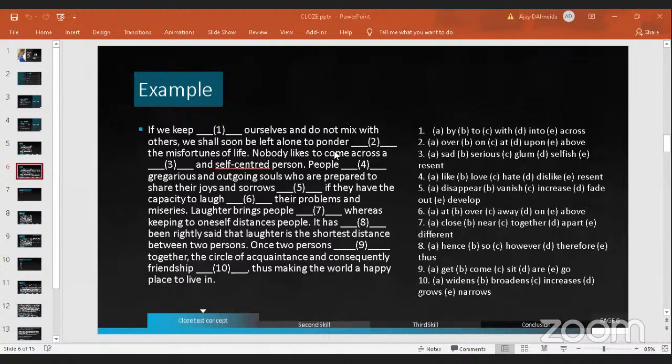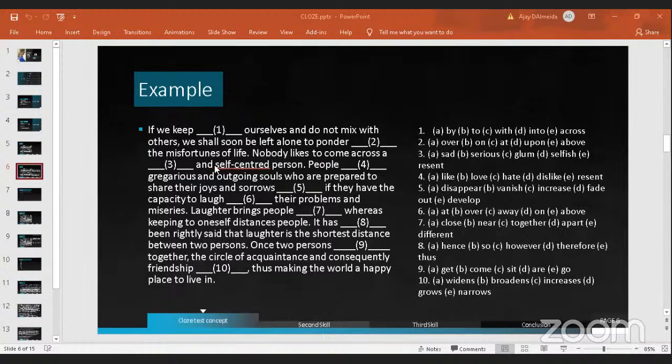Again, this is an example of collocation: verb plus preposition. The verb is ponder, over is the preposition. The answer should be if we keep to ourselves, that is option B, we shall soon be left alone to ponder over the misfortunes of life.